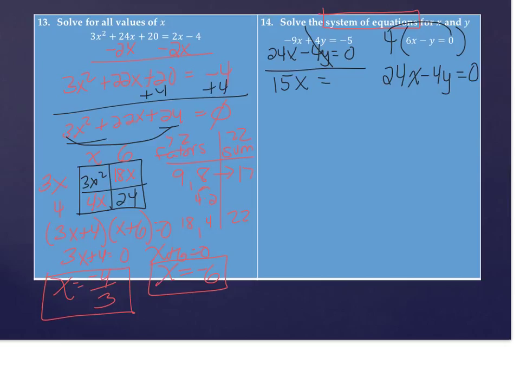That's why we did it. And negative 5 plus 0 is negative 5. Go to the unknown, undo what's around it. So I'm going to undo that multiplication with division. And I end up with x equals negative 5/15 or negative 1/3. That's one of my solutions.